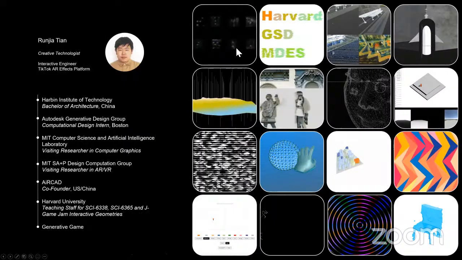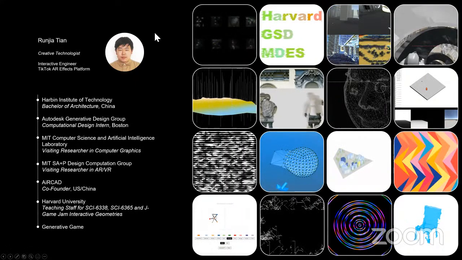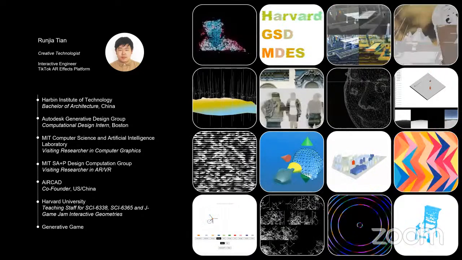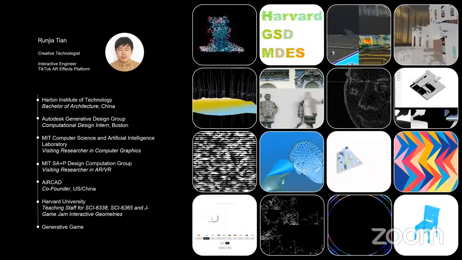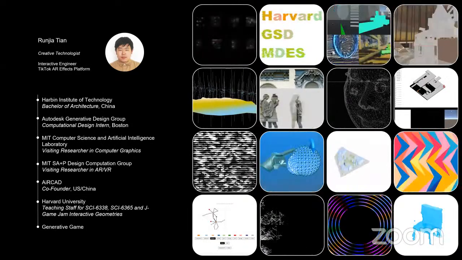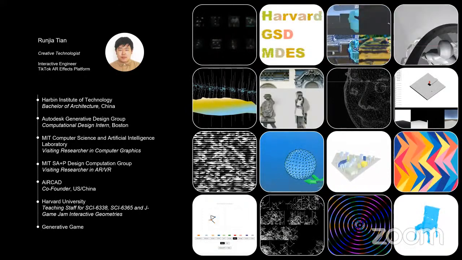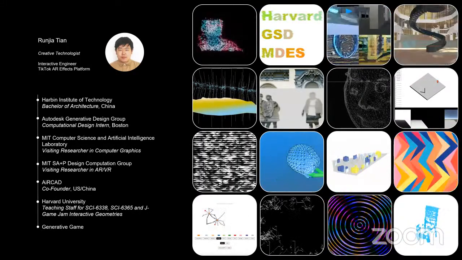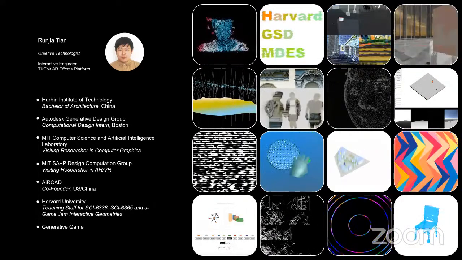A bit of introduction about myself. I came from an architecture background. I did a lot of research at the Harvard GSD regarding XR and artificial intelligence applications in architecture. My master's thesis at the GSD involved using reinforcement learning and parametric modeling for generative modeling of 3D spaces.